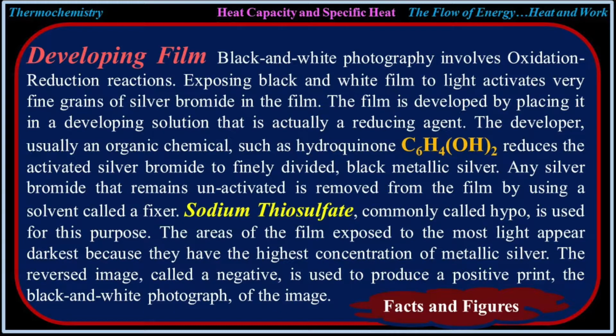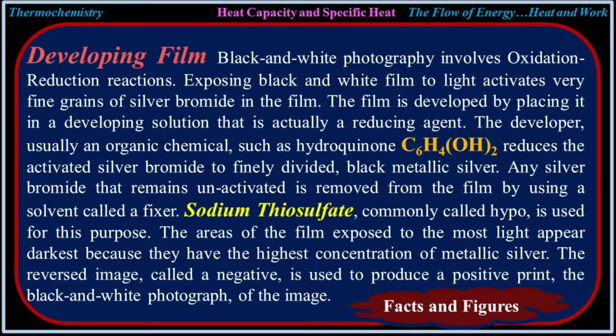The developer, usually an organic chemical such as hydroquinone, reduces the activated silver bromide to finely divided black metallic silver. Any silver bromide that remains unactivated is removed from the film by using a solvent called a fixer. Sodium thiosulfate, commonly called hypo, is used for this purpose.